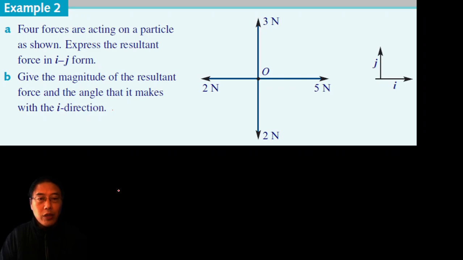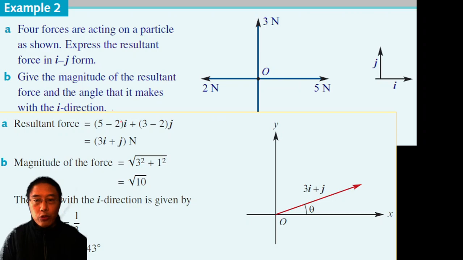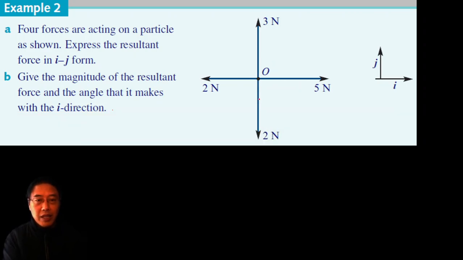Alright, so what you should do for each of those vectors before you find the resultant force is write them in components. 5 newtons is 5i, then your negative 2i, here is your positive 3j, and here is your negative 2j.